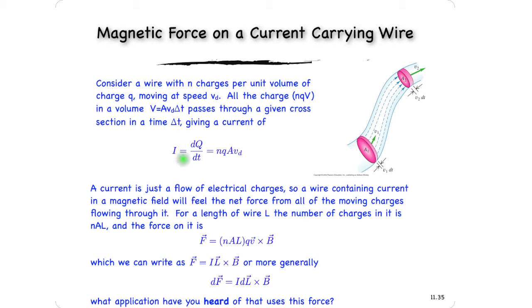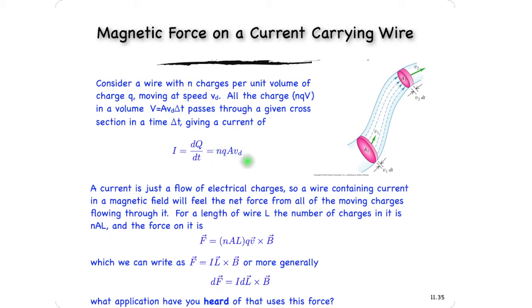And what that lets us do is write the current flowing in the wire, which is dq dt, the time rate of change of charge. And we know the charge is nqV, where V is a volume, A times vd times delta t. And then we're going to divide by the delta t. So what we're going to be left with is nqAvd. That's the current in the wire.